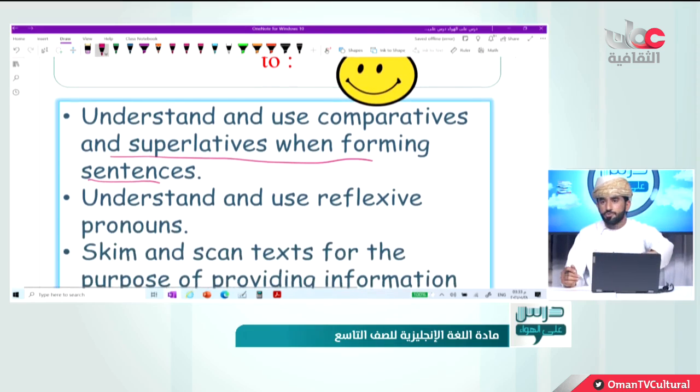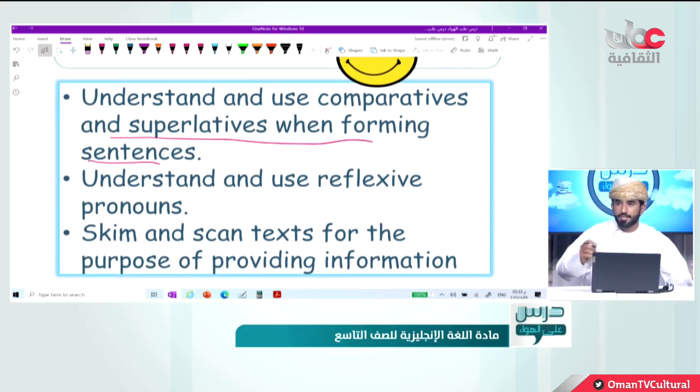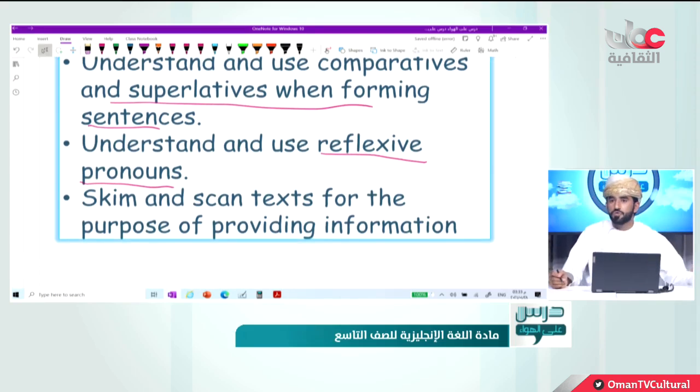And the second objective that I'd like to share with you today: understand and use reflexive pronouns. This one is new, and it's a part of your course. You have to really understand it and know the way to use it. And also we're going to skim and scan text for the purpose of providing information.